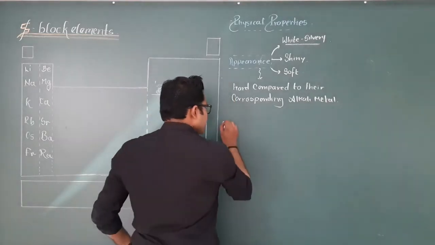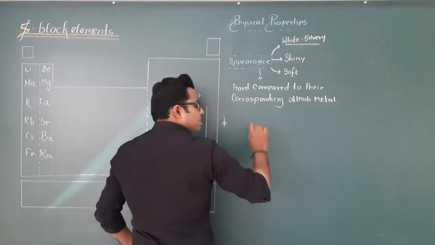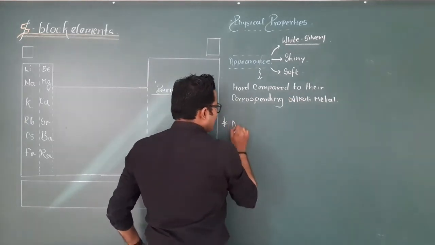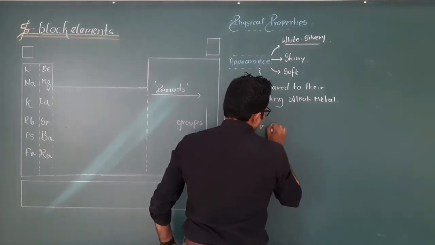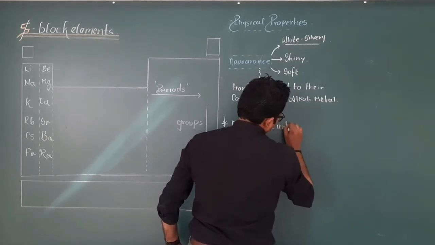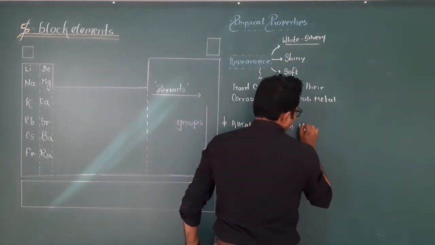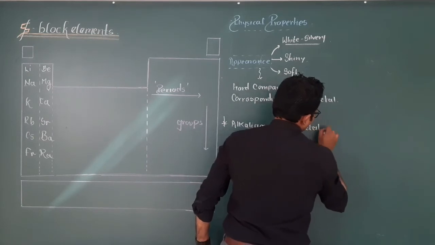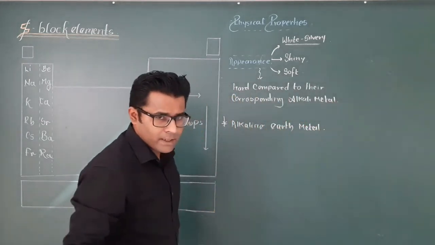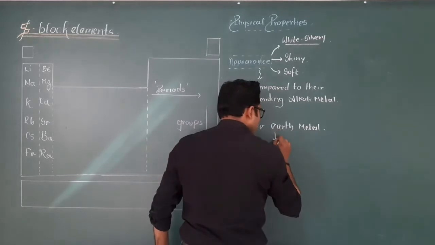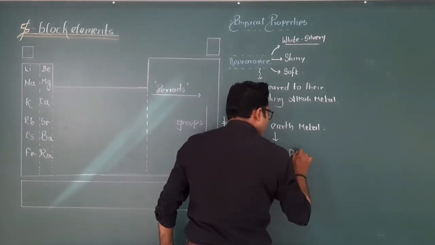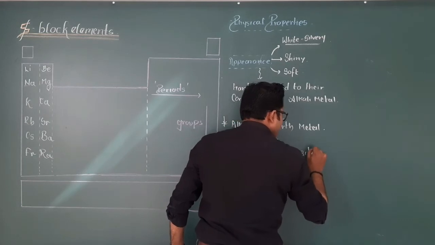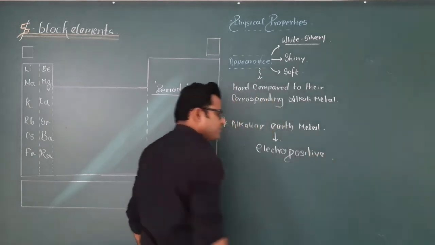Now, because these alkaline earth metals have a tendency to lose electrons, they exhibit electropositive nature.